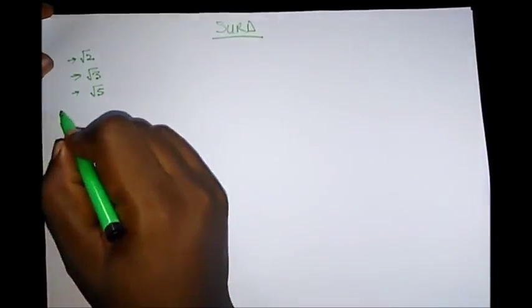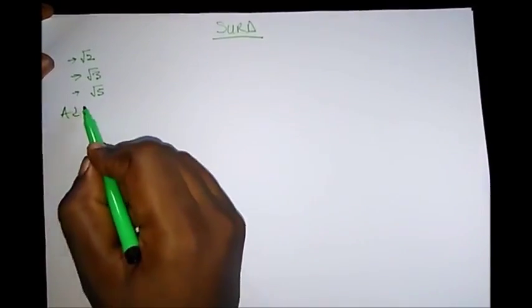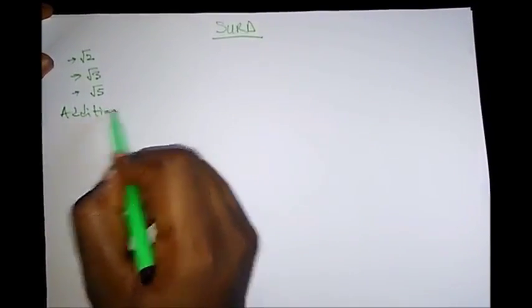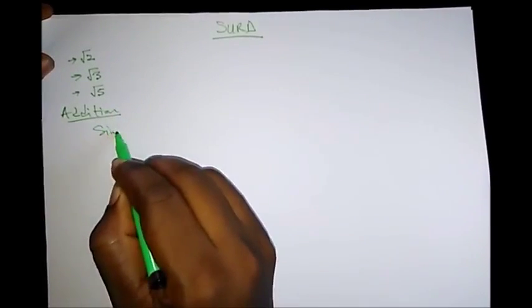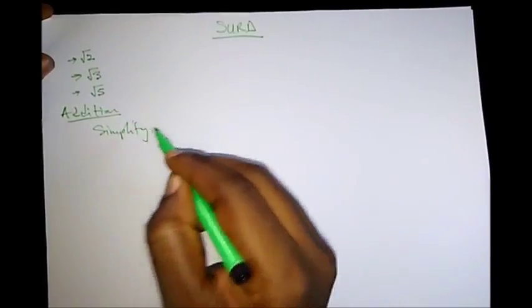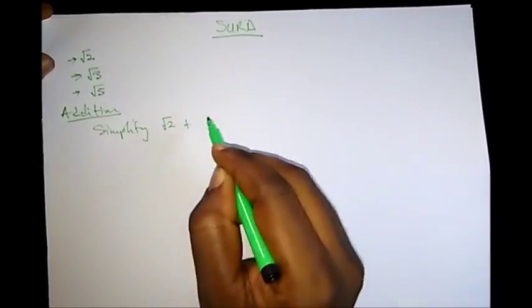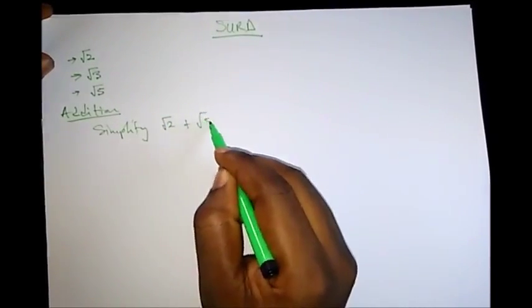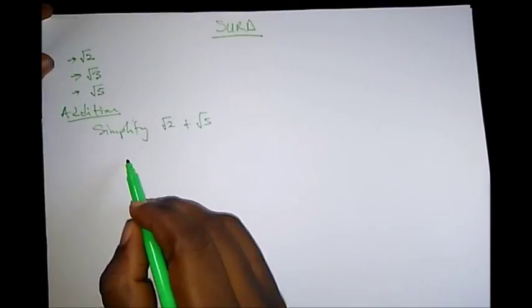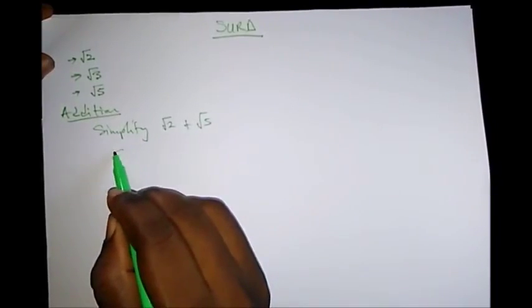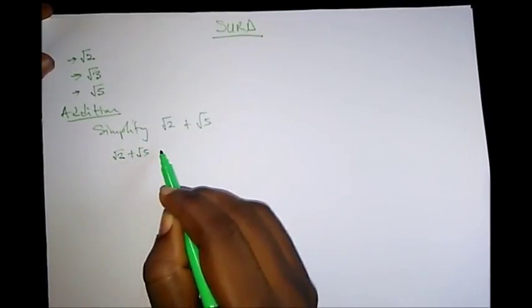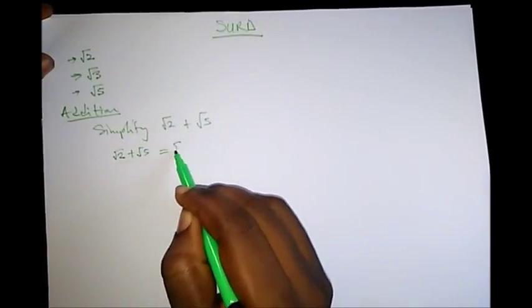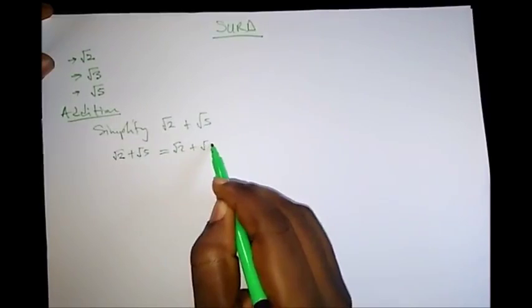So let's say for the addition, addition in surds, if we see something like this, simplify root 2 plus root 5, it is still the same thing as root 2 plus root 5.